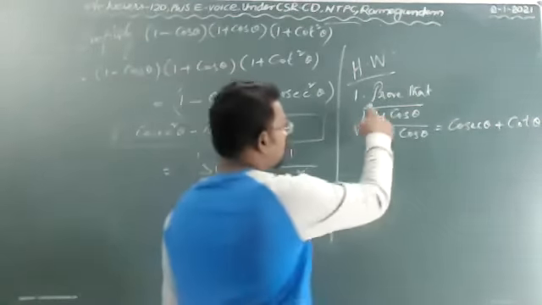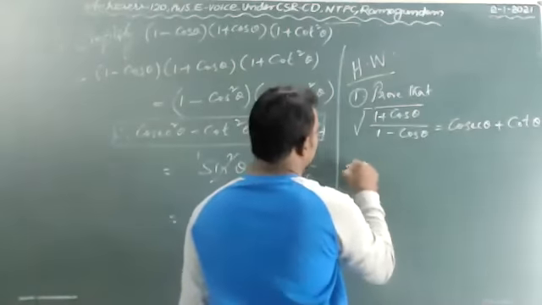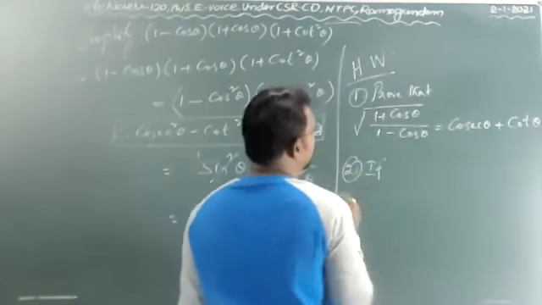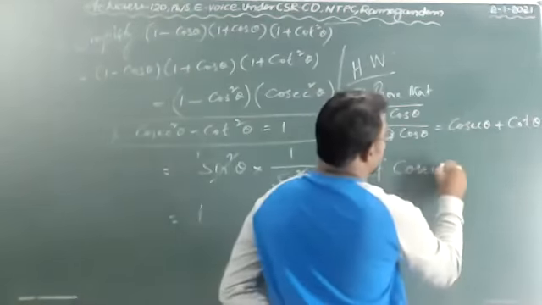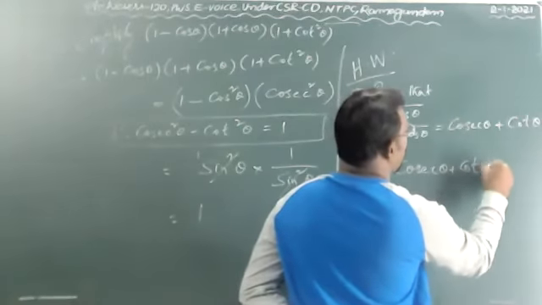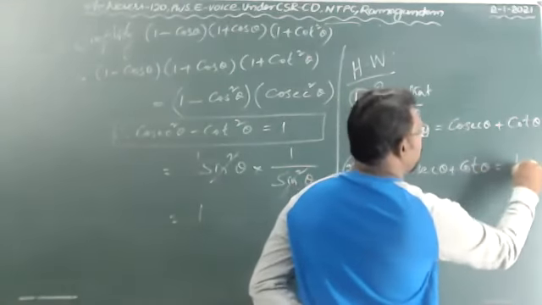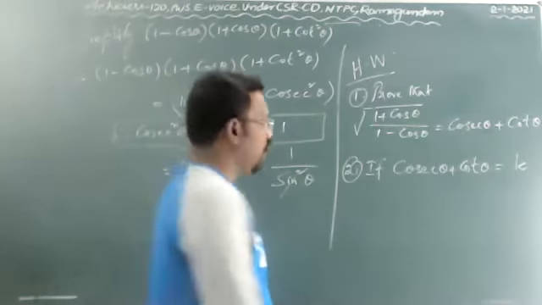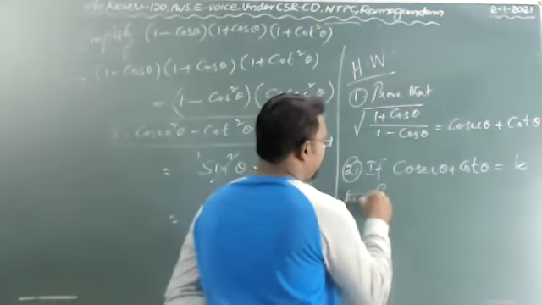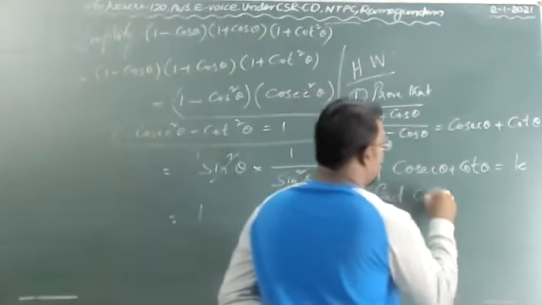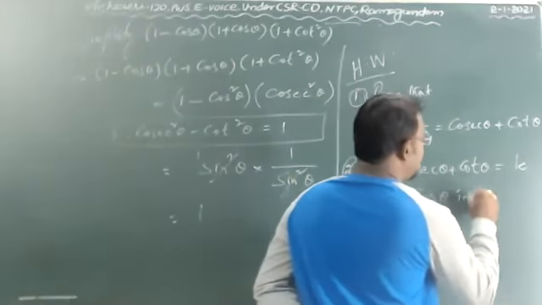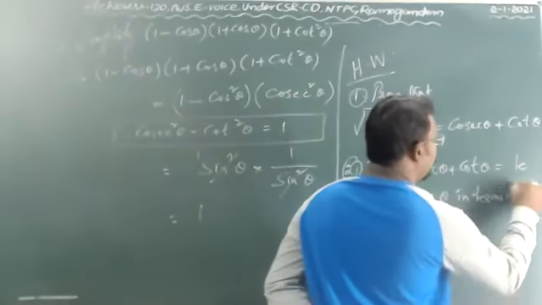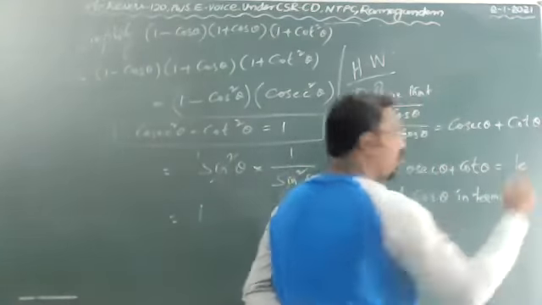First one, prove that. Second one: if cosecant theta plus cot theta is equal to k, then find cos theta in terms of k.